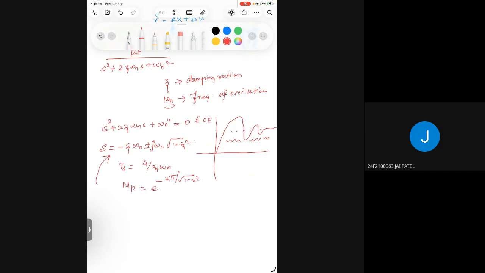Similarly, this is the pole of the transfer function denominator, that is, the characteristic equation.